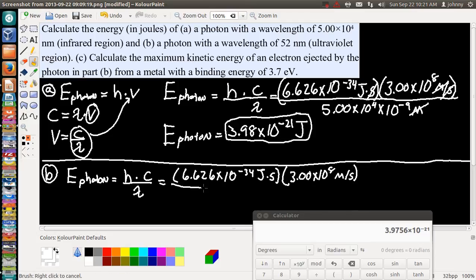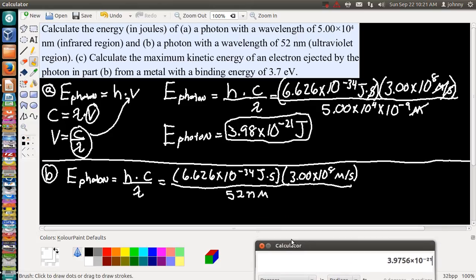Divided by, and what is the wavelength in problem B? It's 52 nanometers. When we write 52 nanometers, remember the units of wavelength need to be in just meters. So we're going to substitute out the nano with times 10 to the -9.